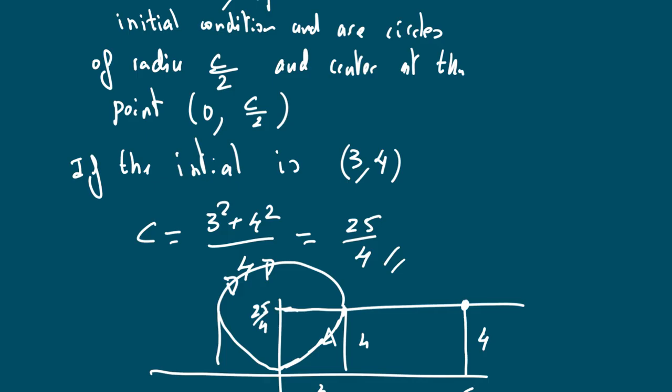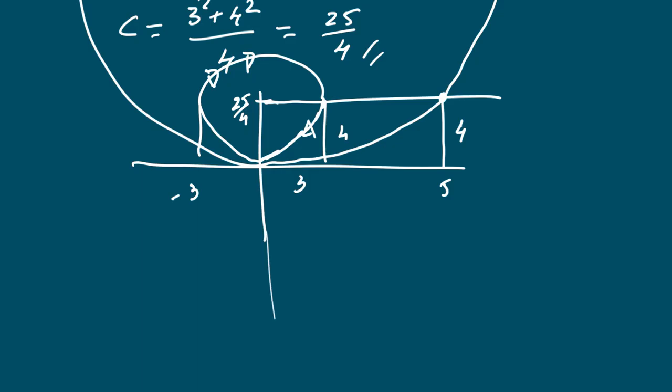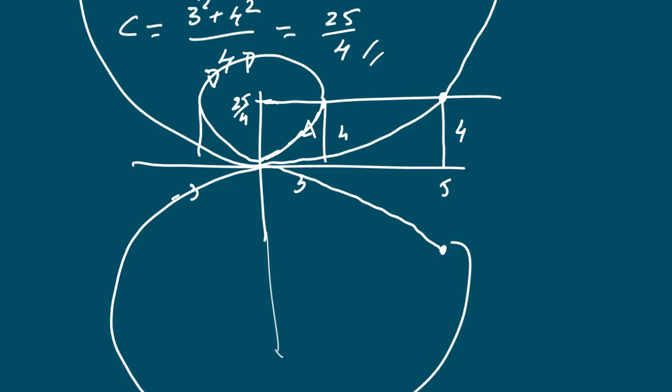So the circles are doing like this. And if you go to an initial point like this, the circle will do like this. The solution of the trajectory for the insect will do like this. Okay, so this is the explanation of the problem. Sorry if it was too long, maybe. This gives the idea.